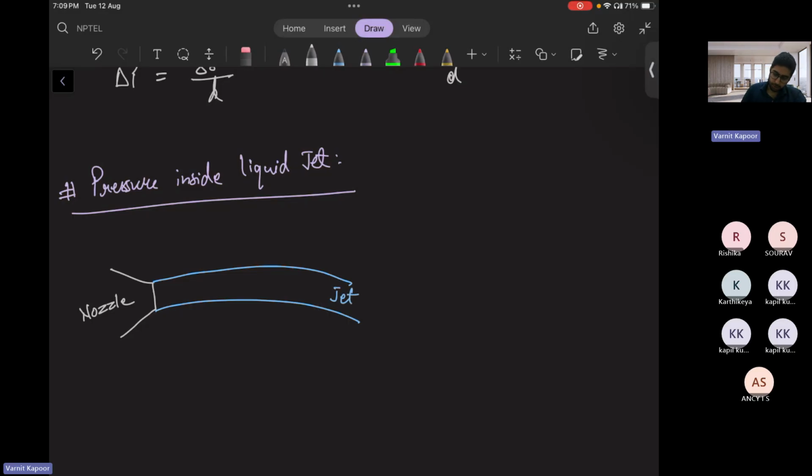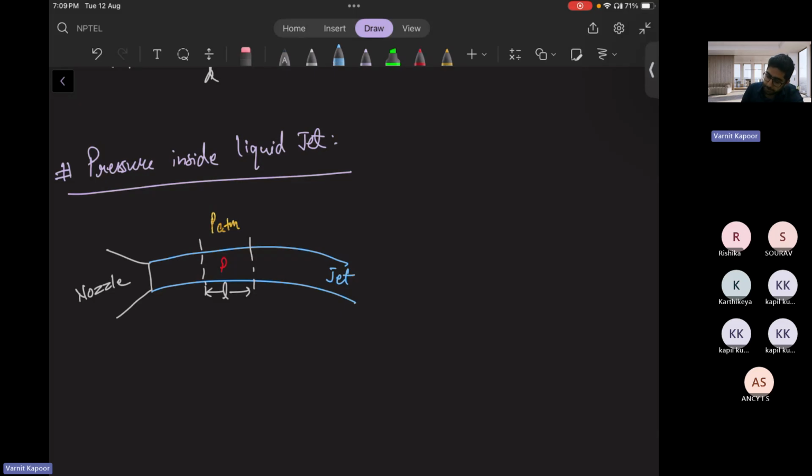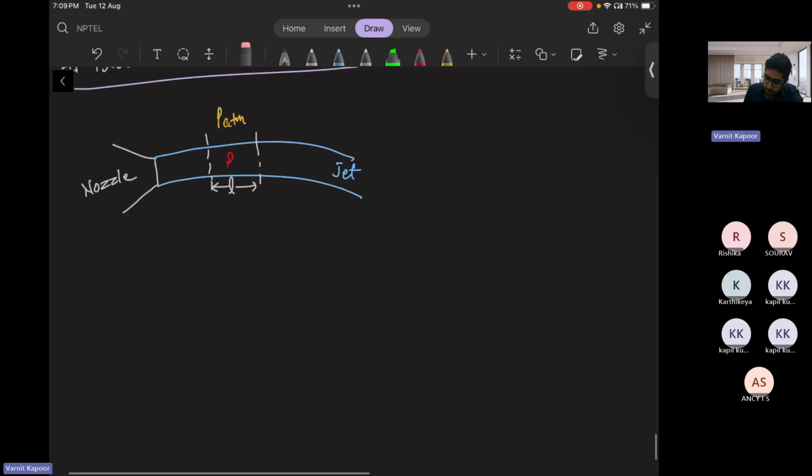Let us suppose we take a section of the jet of length L. Outside it is P atmosphere, and inside this section it is pressure P. I'll take this section and draw it and do a force balance again.